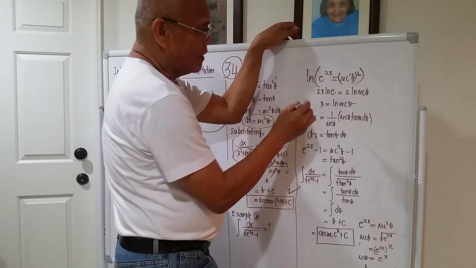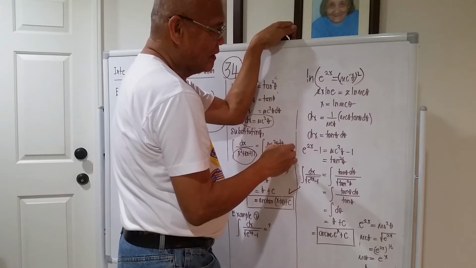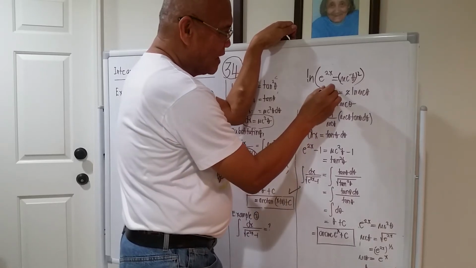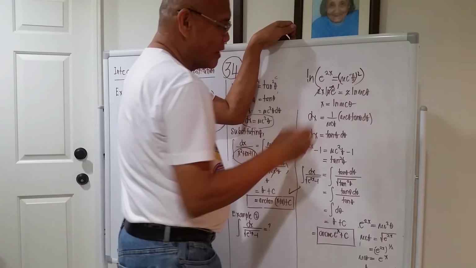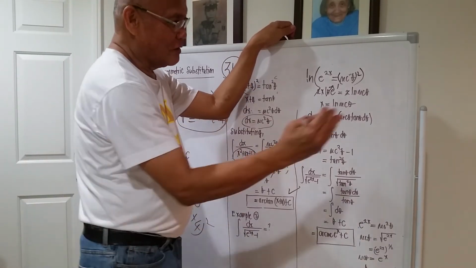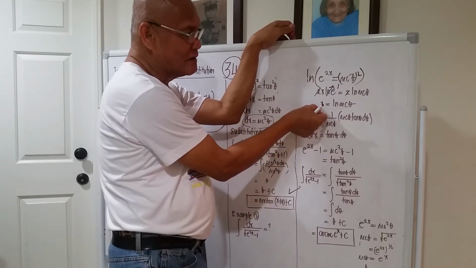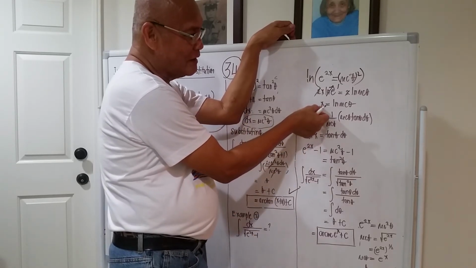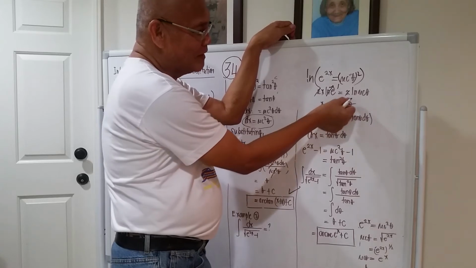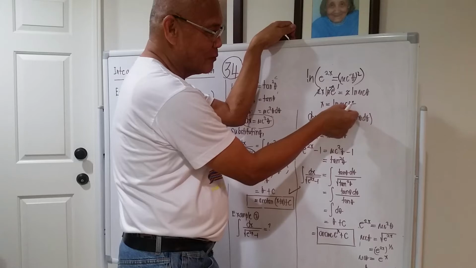These 2s cancel. The natural logarithm of a is 1. Use your calculators. What will remain on the left-hand side is x, equal to natural logarithm of secant of theta.